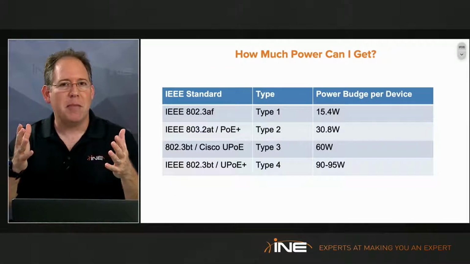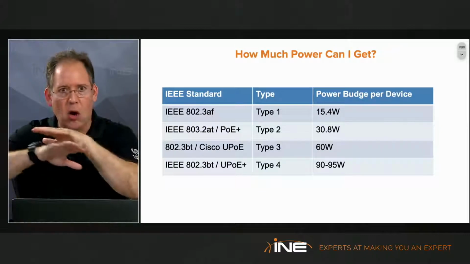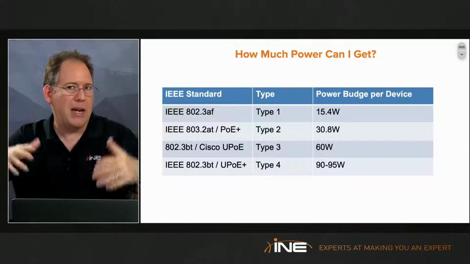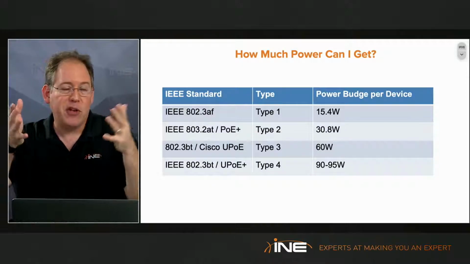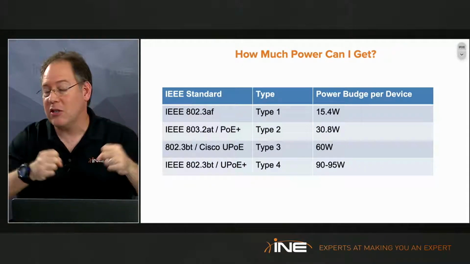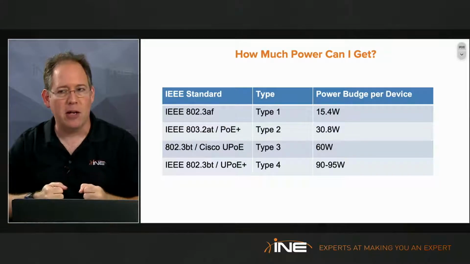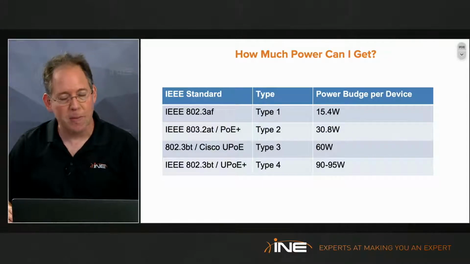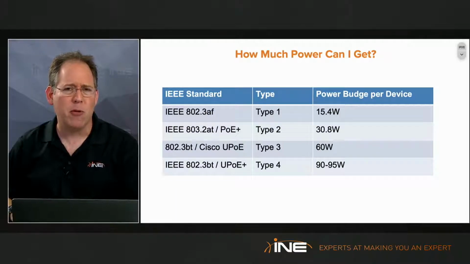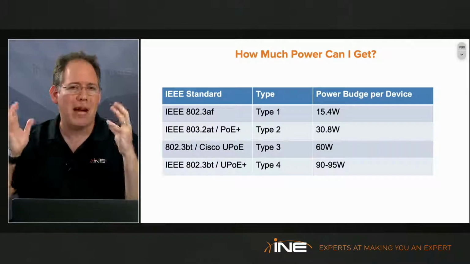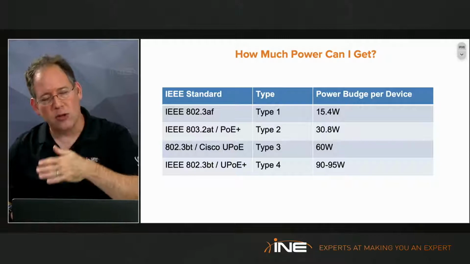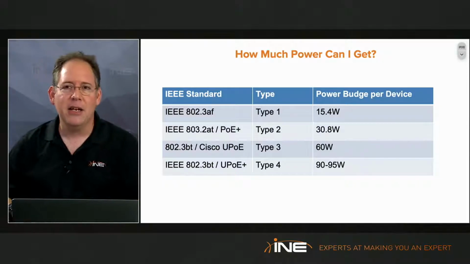Now that power might be spread out over all the ports in the switch, or depending on what you're powering up, after you use like 10 or 15 ports, maybe your entire power budget is done and you don't have any power left to deliver to some of the other ports. So you'll hear that term power budget, and that's what it means: the total power available for the power sourcing equipment to send down to its total quantity of powered devices.